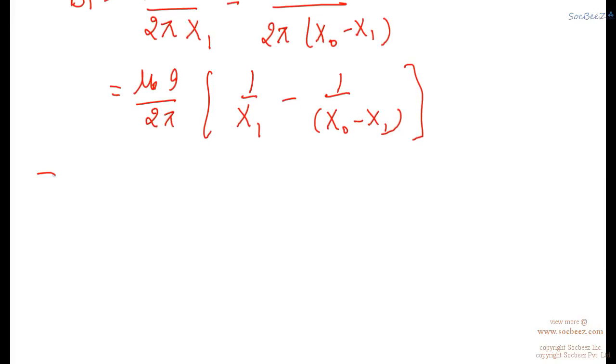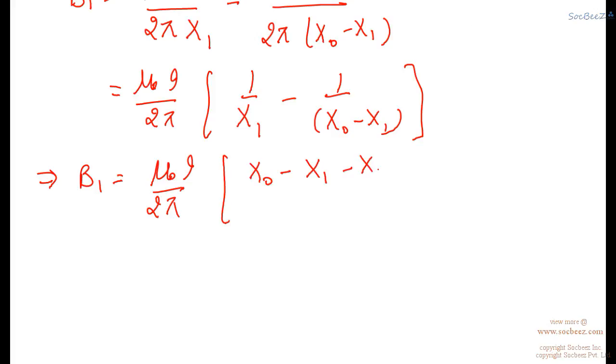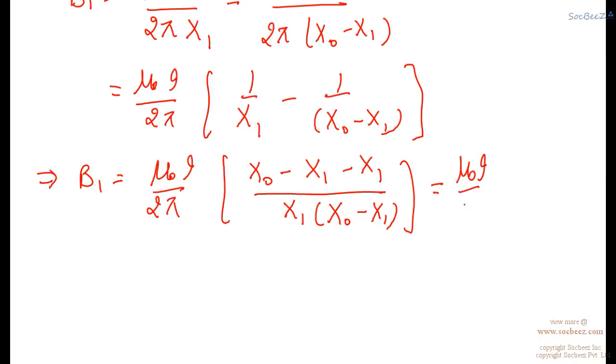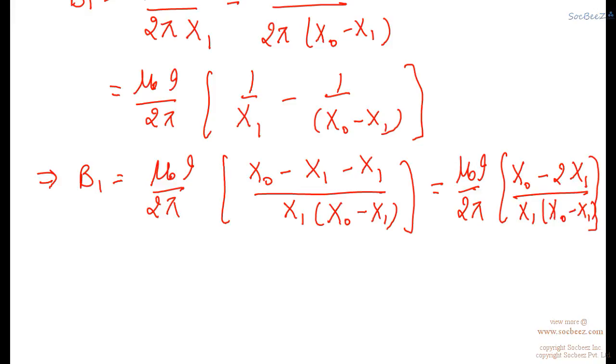Okay, so from here if we solve it further, then b1 will be mu naught I upon 2 pi x naught minus x1 minus x1 upon x1 into x naught minus x1. So this comes out to be mu naught into I upon 2 pi into x naught minus 2x1 upon x1 into x naught minus x1.